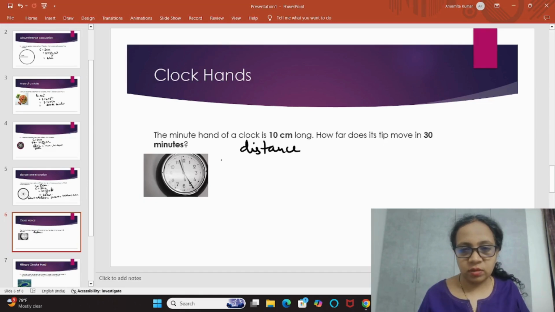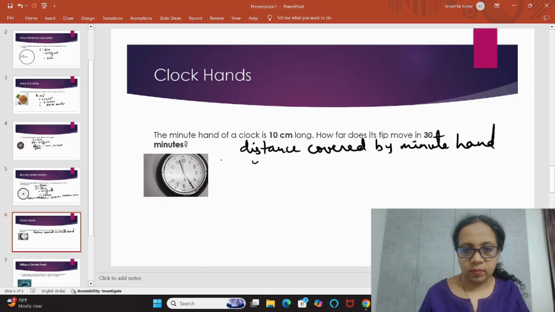So the distance covered by the minute hand in one rotation is equal to the circumference, and that is the distance which it travels in 1 hour.